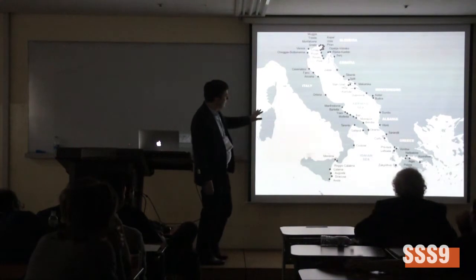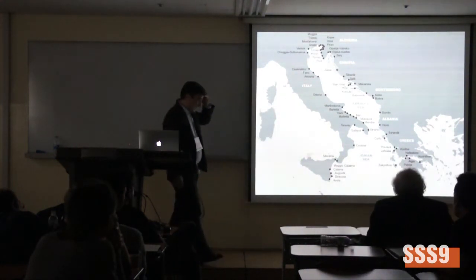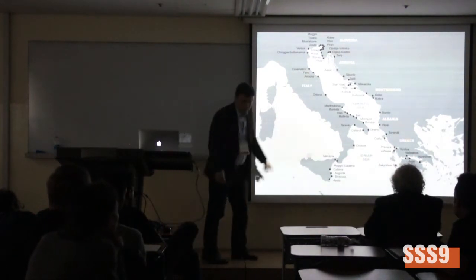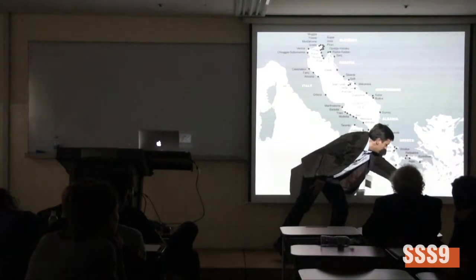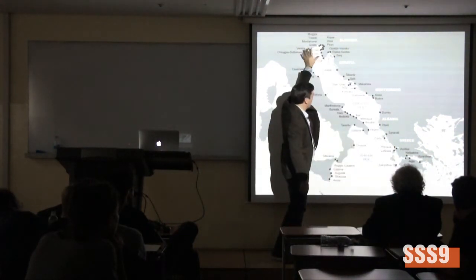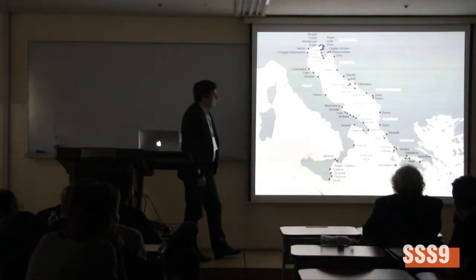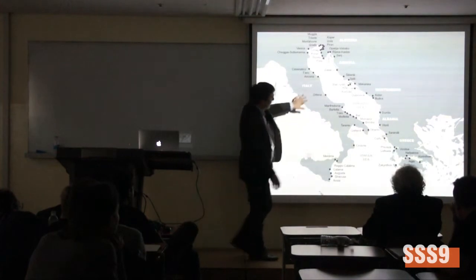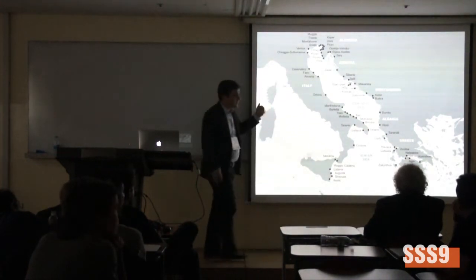You have seen this map before, but since then I've added more cities. Now we have 62 cities, starting from the southern point of the Mediterranean Sea, the Mani Peninsula in Peloponnese, going all the way up to Venice and coming down to the southern point of Sicily. Any city larger than 5,000 population is considered on the Italian side.